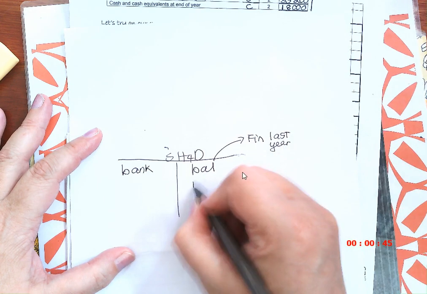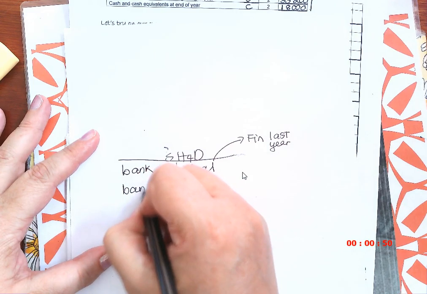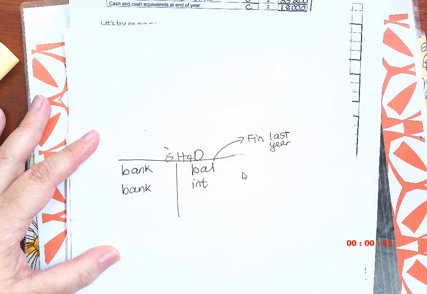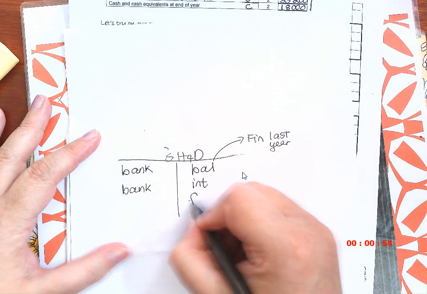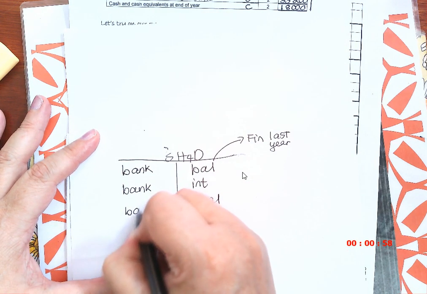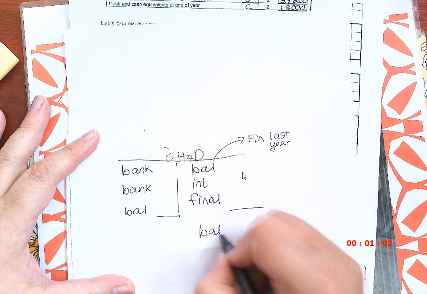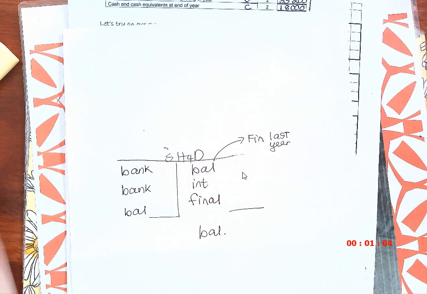Then I declared an interim and I paid it. Right. Then I declared a final, but I didn't pay it. It became a balance.